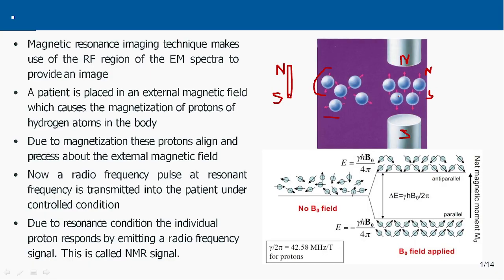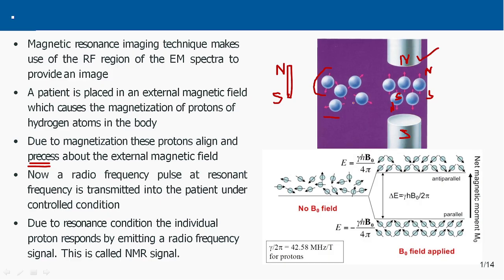Either parallel or anti-parallel, they are aligning themselves. This process is called magnetization of protons. Due to magnetization, these protons align, and they precess about the external magnetic field. This precession is a phenomenon that occurs under the influence of this external magnetic field.